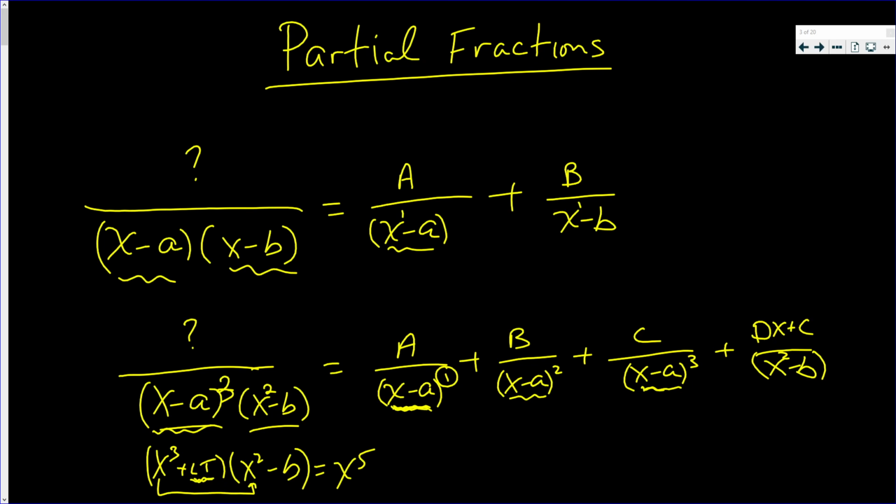These include x squares maybe, and x's and constants. And when you multiply those by x squared, you'll never get above x to the 4th. So the highest, same thing when you distribute the b, you're never going to get larger than x to the 5th. So this question mark has to be degree 4 or lower.